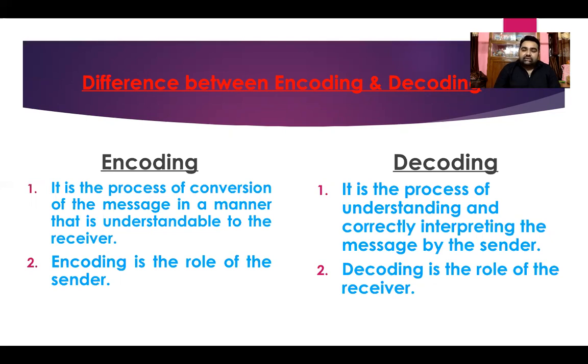So before transmitting whatever ideas the sender is having, the sender first constructs his ideas into a meaningful sentence, and the process of constructing the ideas into a meaningful sentence is known as encoding.